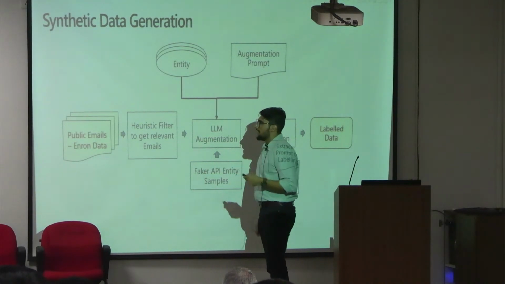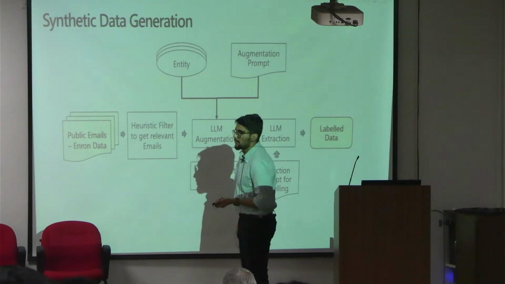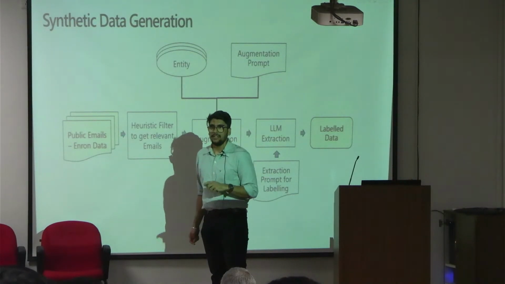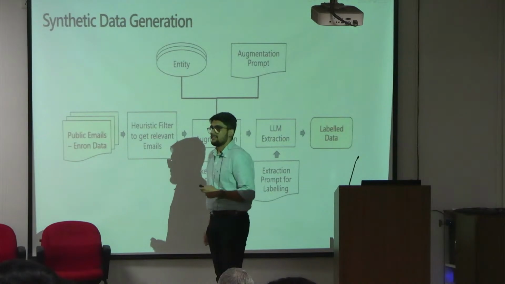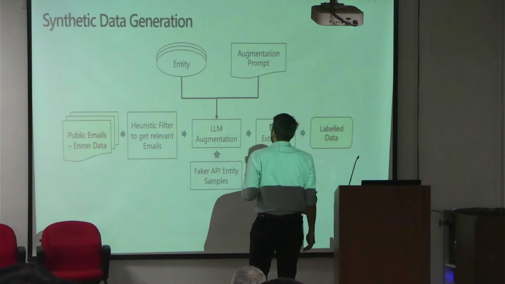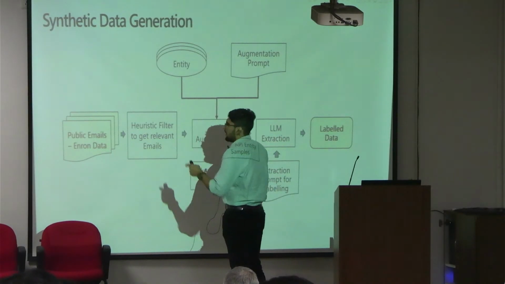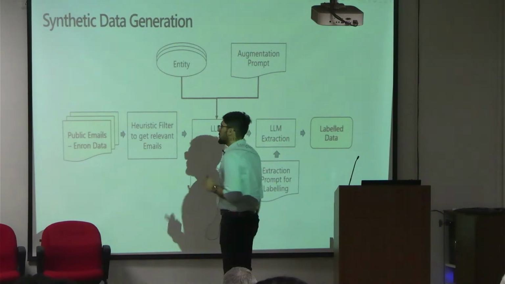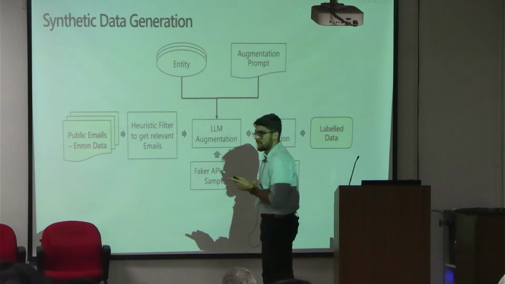In addition, we saw that LLMs try to preserve privacy as much as possible. So when they augment some entities, the phone numbers that they generate are very simple, like 1, 2, 3, 4, 5, 6, 7, 8. We wanted some variety in this, so we added something called Faker API entity samples. This is a public API available that can generate some entities for you.